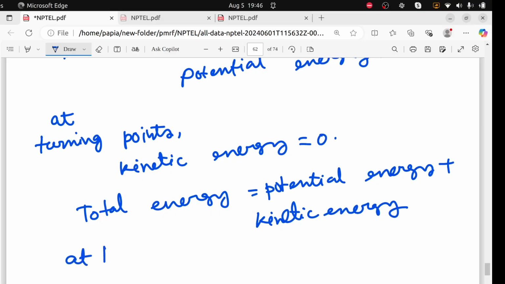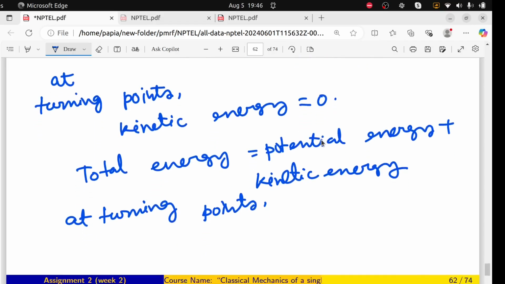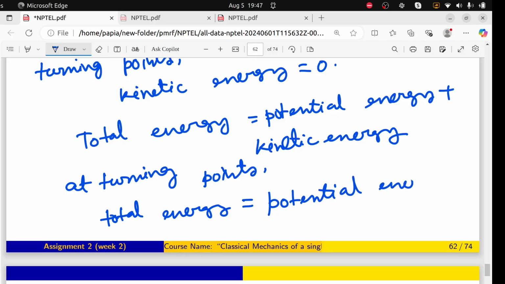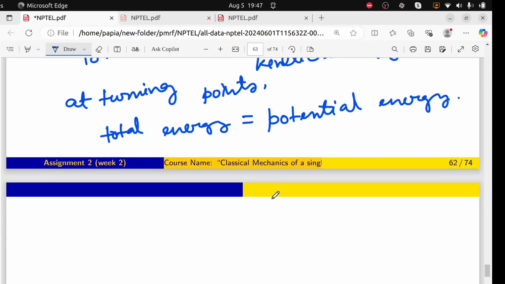Thus, at turning point, the total energy is equal to potential energy. Okay? Yes, so total energy is equal to potential energy.